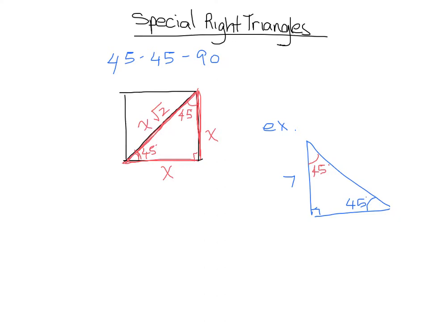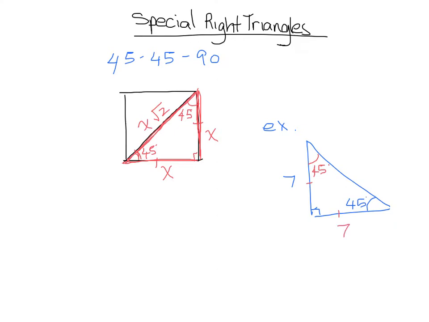Great, we have a 45, 45, 90 special right triangle, which means this side has to be equal to this side. Remember from our original drawing that our leg lengths will be the same. So this is also 7.